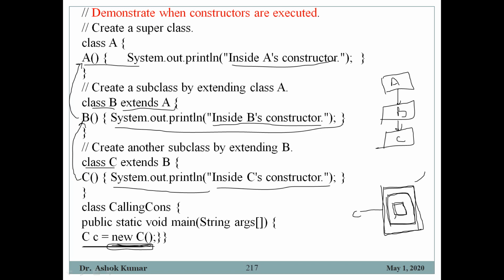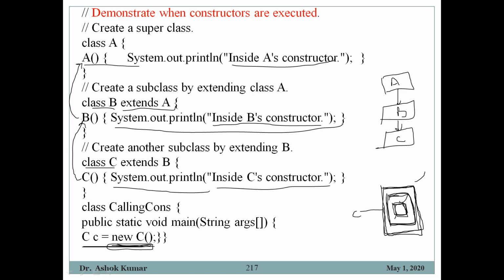So that means first of all, the A class object will be created, the innermost object, by Java. When the innermost object is created first, the constructor of A will be called. After the completion of A, the object of B can be created. Then the B class constructor will be called. And after the completion of the construction of the B class object, only then can the C class object be built.